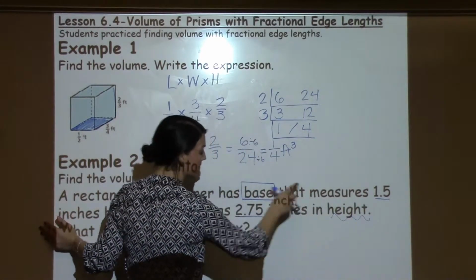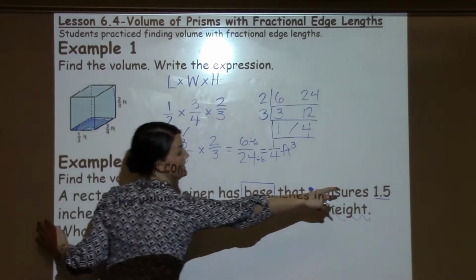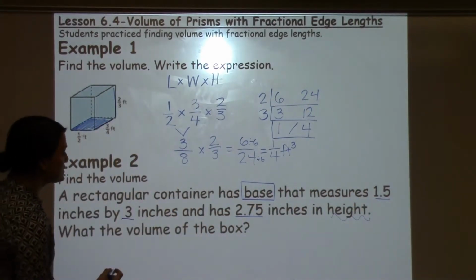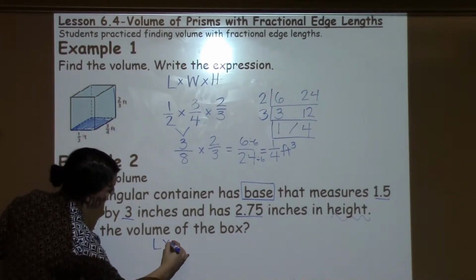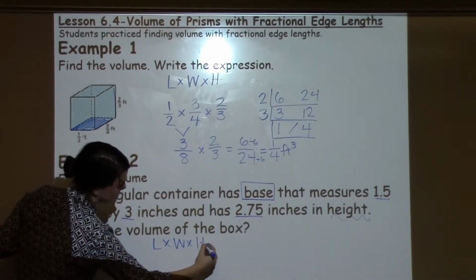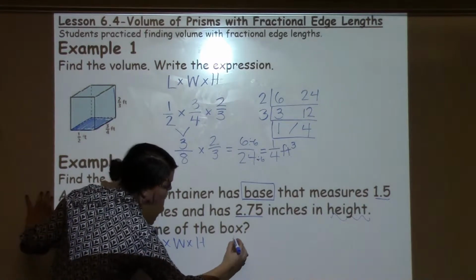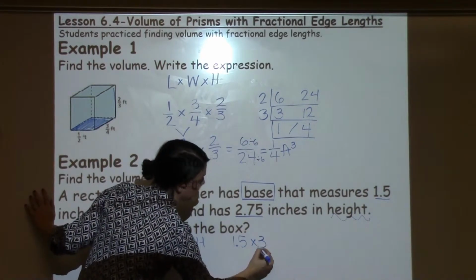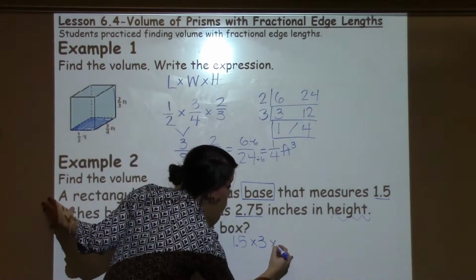So again, I have all 3 dimensions because the base gives me 2 numbers, and then my height gives me my third. So I'm going to put this into my formula, length times width times height, and I'm going to set it up as 1 5/10 times 3 times 2 75/100.